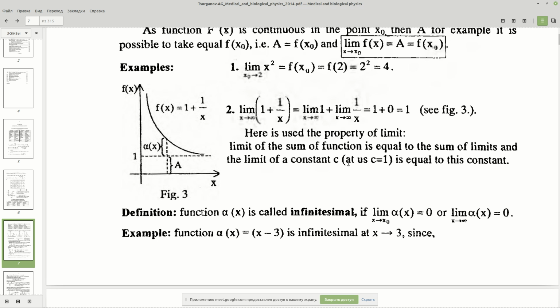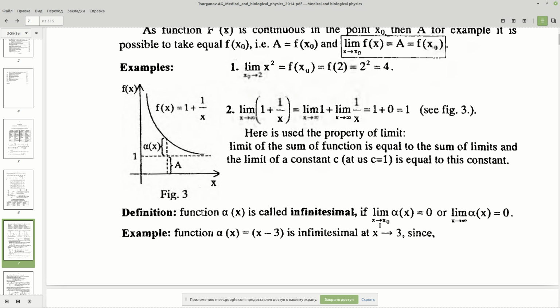So the definition will be like that. The function a depends on x. I will call it infinitesimal if the limit of a of x when x goes to x0 equals 0, or the limit of a of x when x goes to infinity equals 0.